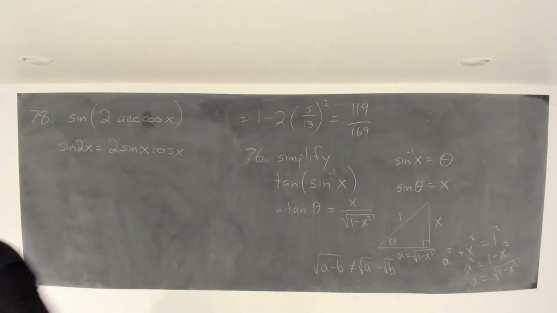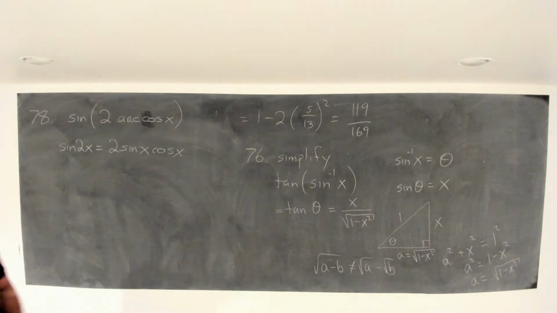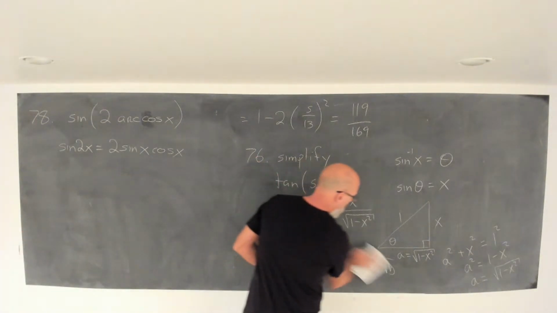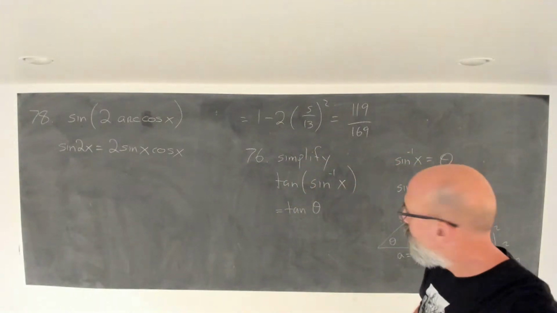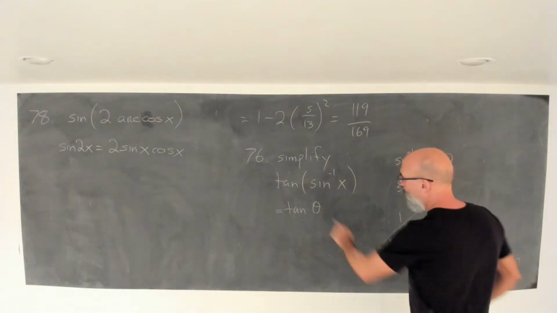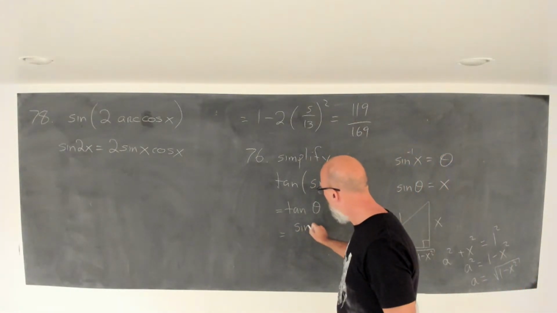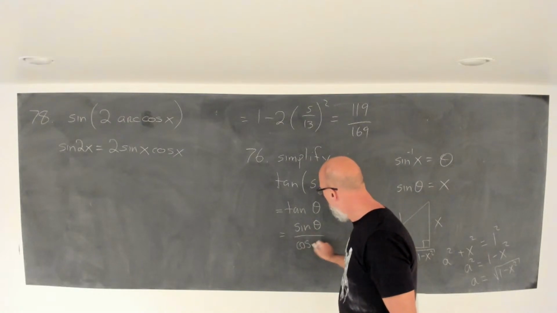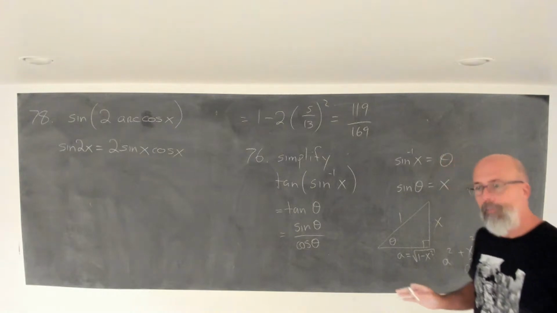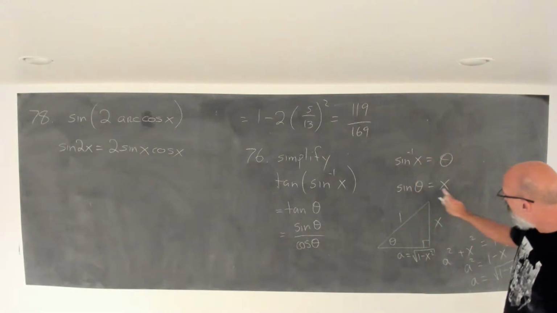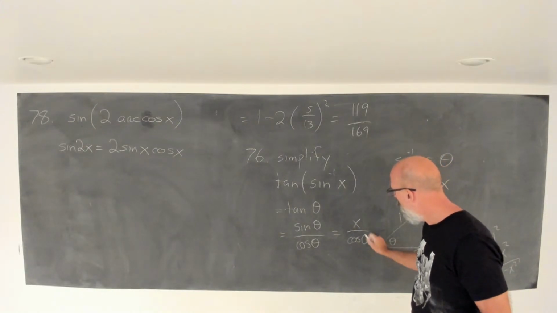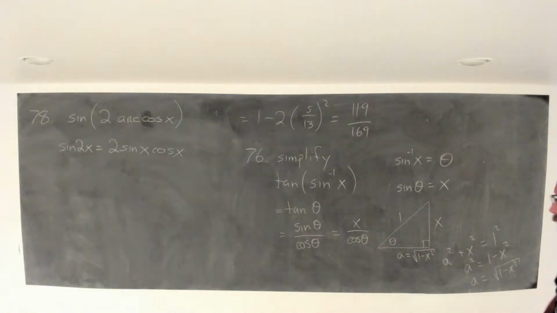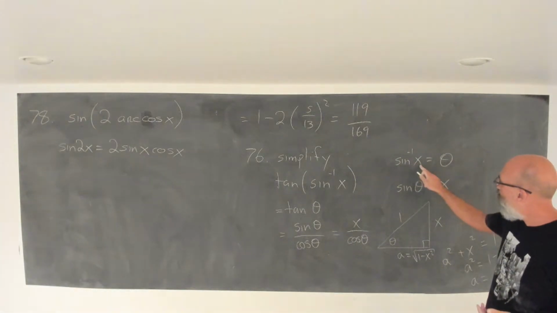Let's address this because there's seemingly some confusion here. Some people were suggesting, couldn't you turn this into sine theta over cosine theta? Nothing wrong with that. And wouldn't you know it, sine of theta is x. So you still have x over cosine theta. And theta is arc sine x.